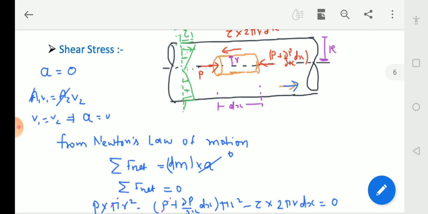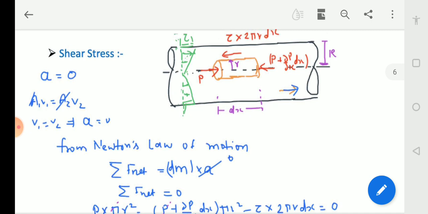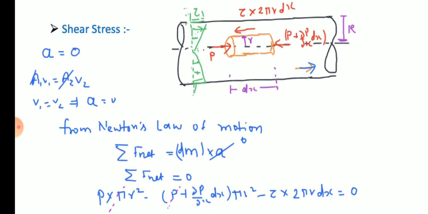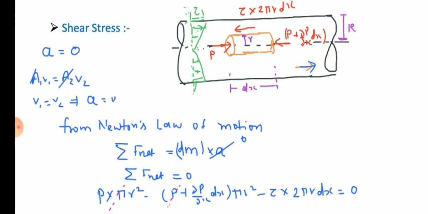From Newton's law of motion, the equation can be written as sum of F is equal to mass into acceleration, but in this case the acceleration is 0 because the pipe is of uniform diameter, so the velocity will be constant, right? Now taking all these things together, we write the equation.